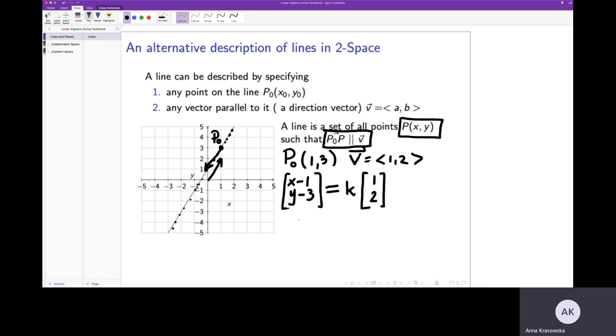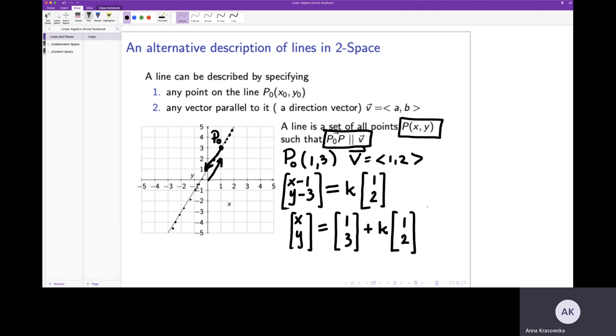We can rewrite this equation as x, y. Any point on the line will have coordinates x, y such that it could be obtained from 1, 3, that initial point, P naught, plus k, a parameter, times the vector 1, 2.